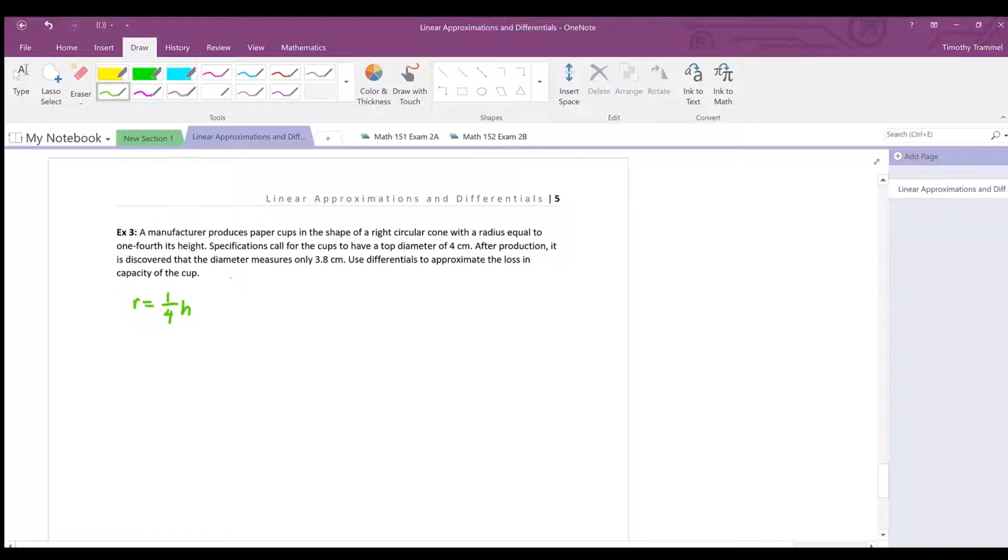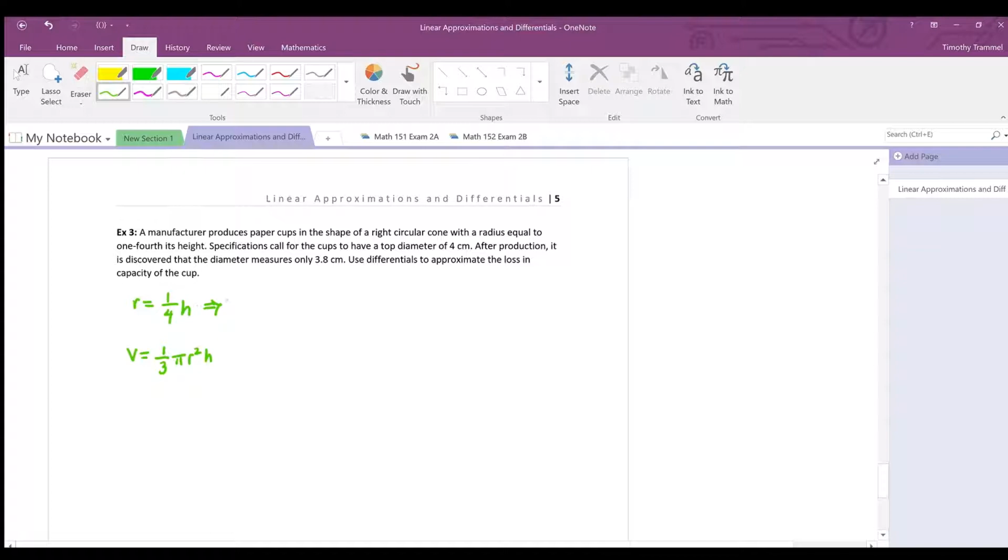Okay, well, let's start setting this up. We're gonna need the volume of a right circular cone, so that should be 1/3 pi r squared h. And one thing that we can do with this other relationship up here is we could maybe solve it for h, right?